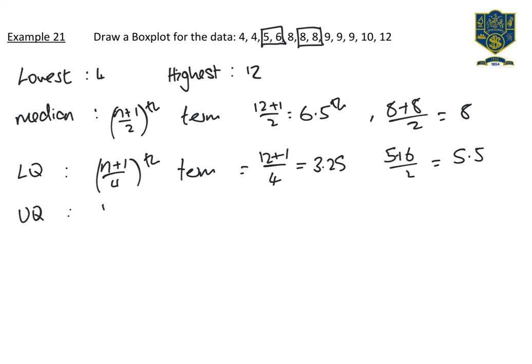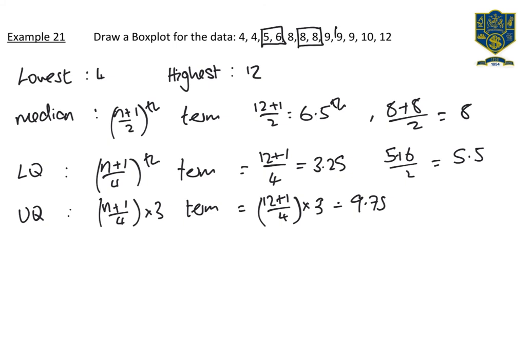The upper quartile is n plus 1 over 4 times 3, so it's three-quarters of the way through. That's 12 plus 1 over 4 times 3, which is 9.75, which is between these two 9s. So we do 9 plus 9 divided by 2 to get the upper quartile of 9.